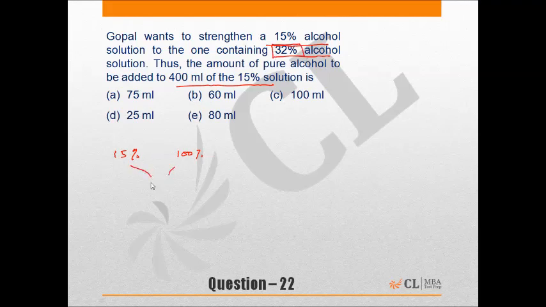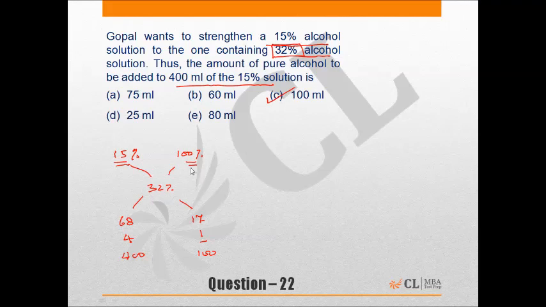A simple question of alligation. So 100 minus 32 is 68 and 32 minus 15 is 17. So 17 ones are 17, 68 is 17 fours. So for every 4 liters of 15% solution, you will need 1 liter of 100% solution. Or for every 400 ml, you need 100 ml. So the correct answer here should be 100 ml.